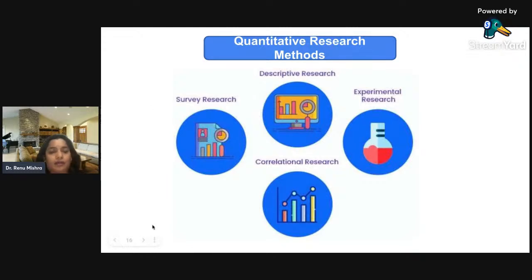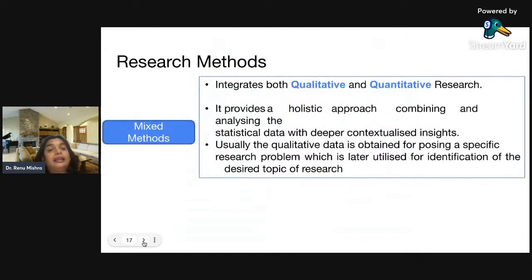Now comes mixed method. I hope by now you are all clear with qualitative and quantitative research, and you understand both these kinds of research. Now club them together. For example, do you like ice cream?